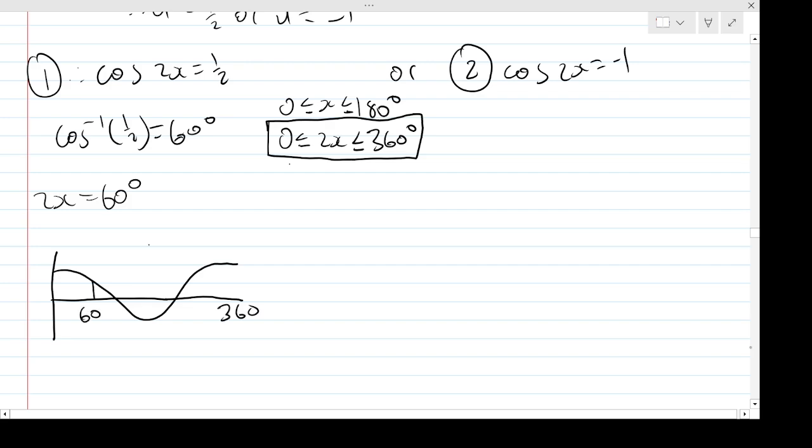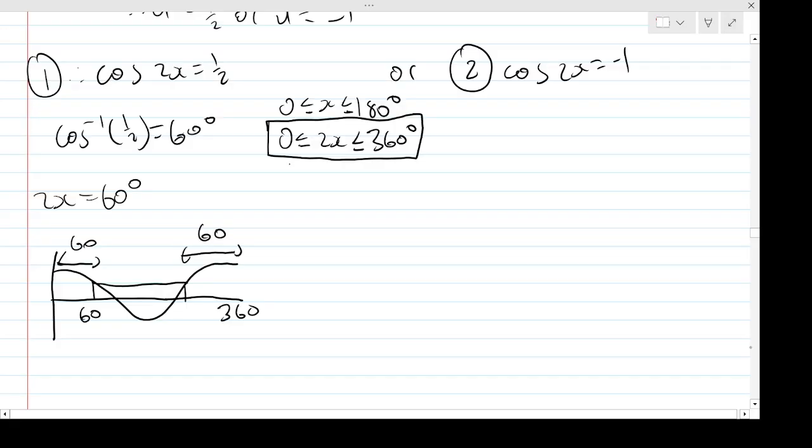So again, because the graph is symmetrical in the middle of the hump, at either end of the curve, the gap from the first solution is 60. It's the same sort of distance. If I read off the graph, that's the same gap between the second solution and the other end of the curve at 360.